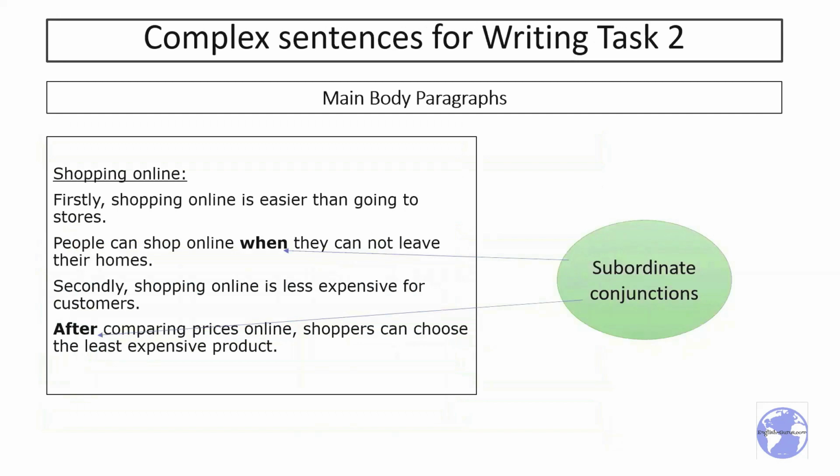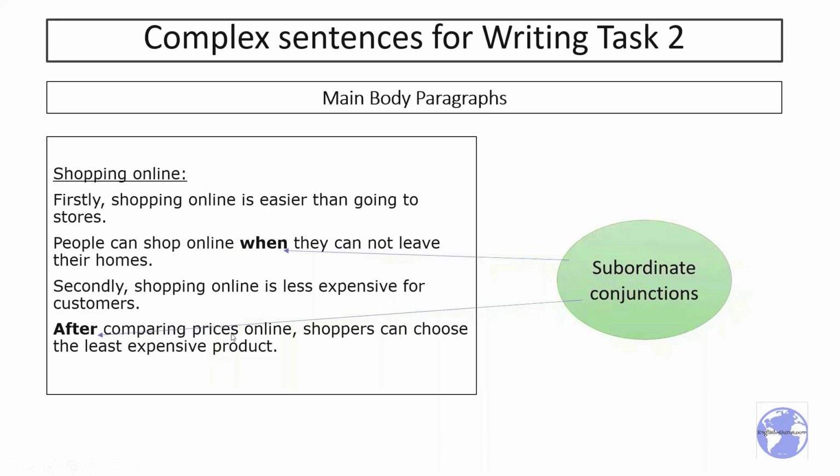So moving on to the main body paragraph of writing task 2, let's see what other complex sentences we can use. So shopping online. Firstly, shopping online is easier than going to stores. People can shop online when they cannot leave their homes. Secondly, shopping online is less expensive for customers.